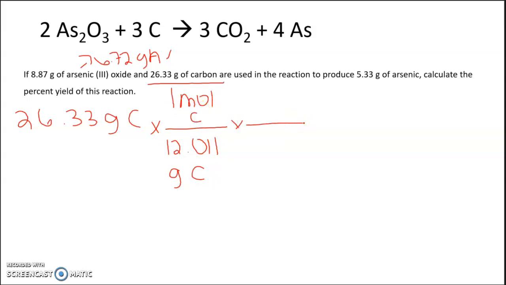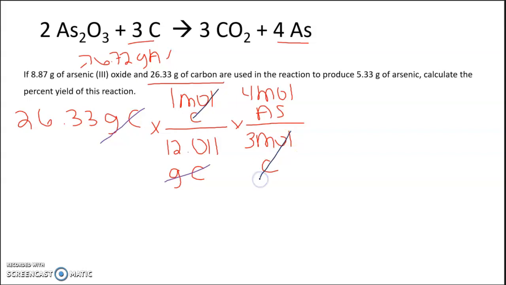And then, now that I've canceled out grams, I am at moles, so I go to my coefficients and use my mole ratio. 3 moles of carbon to 4 moles of arsenic. And then I made sure I put moles of carbon at the bottom of this, so those units canceled. And then we're going to solve for grams of arsenic.